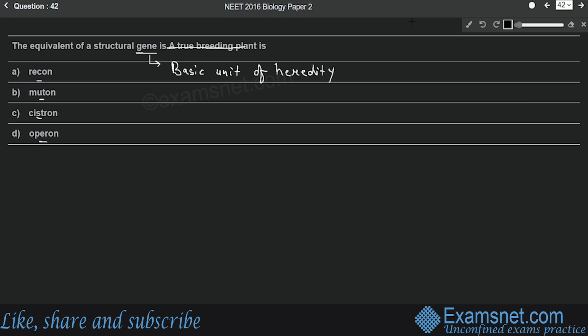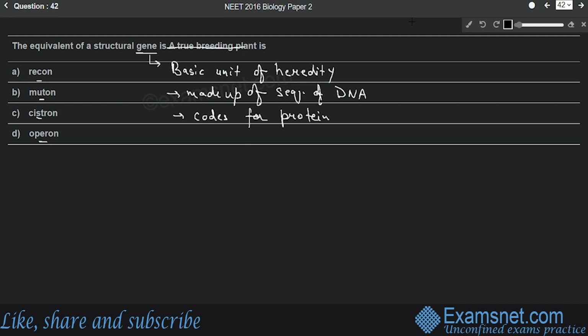And it is made up of sequences of DNA, and it codes for a protein.